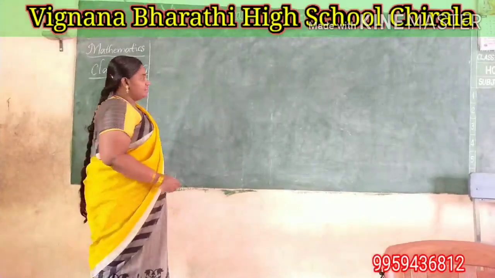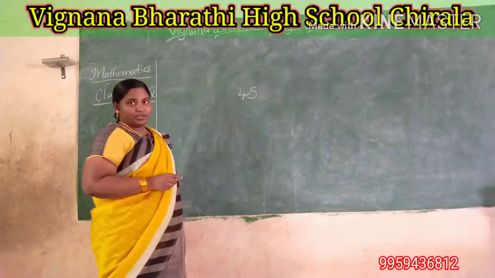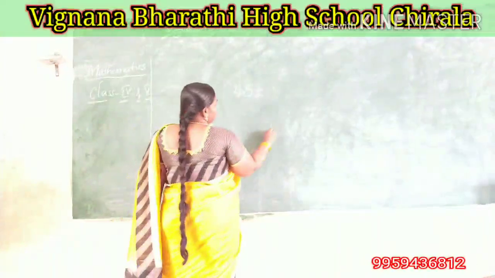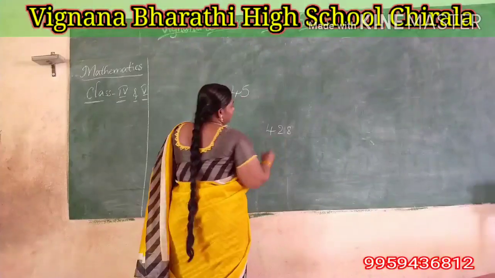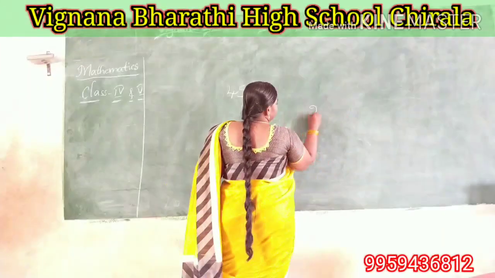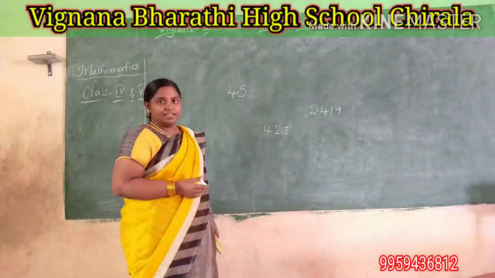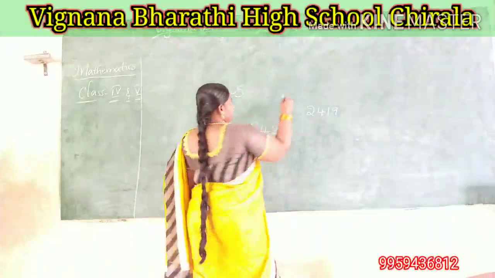Children, let us recount numbers once. Which number is that? 45. Which is that? 428. Take one more number: 2419. For example, we take another number.